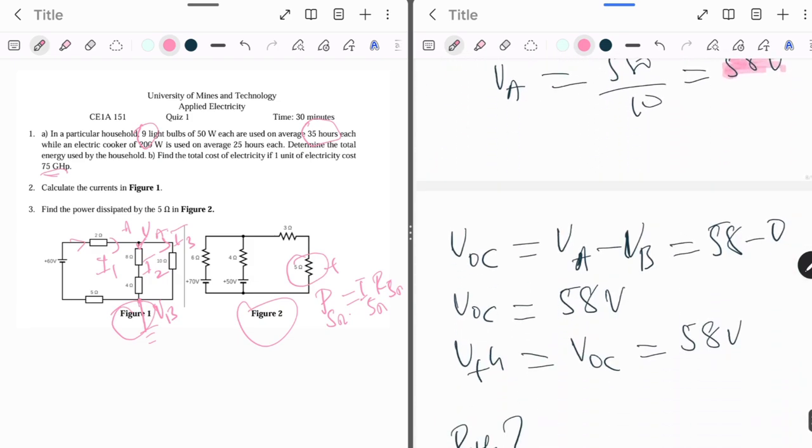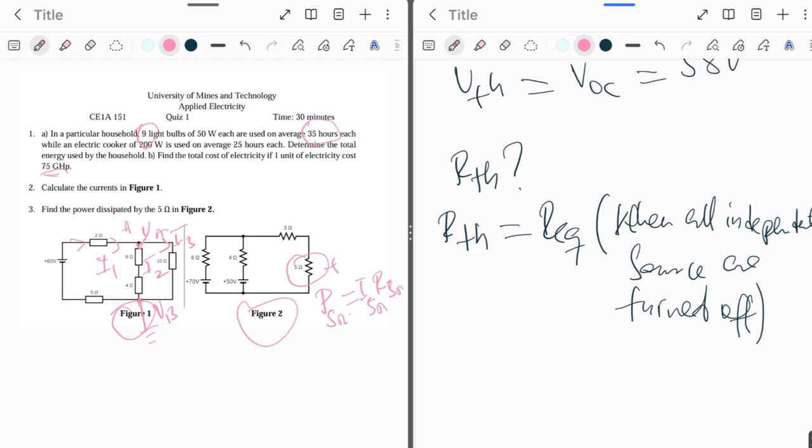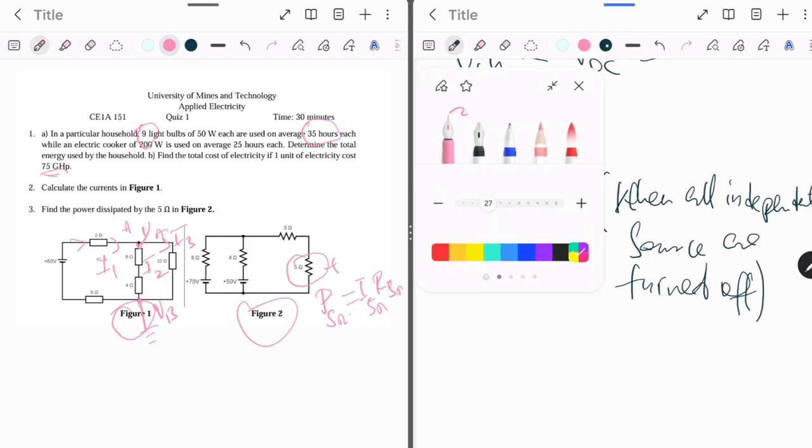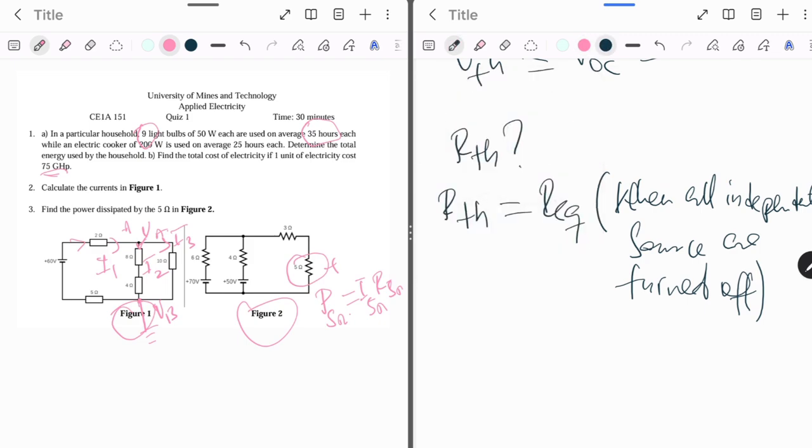And when it comes to turning off a voltage source, you simply connect a wire, right? You short circuit the voltage. What this just means is that you come to the same circuit diagram, so wherever I have my resistor here to be 6 ohms, you just connect a wire, right?